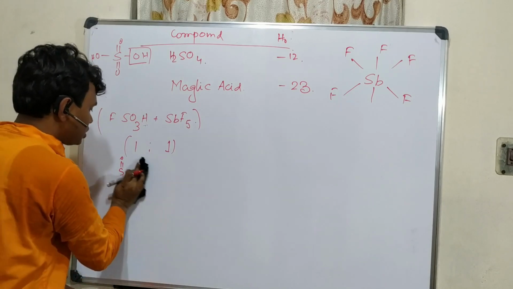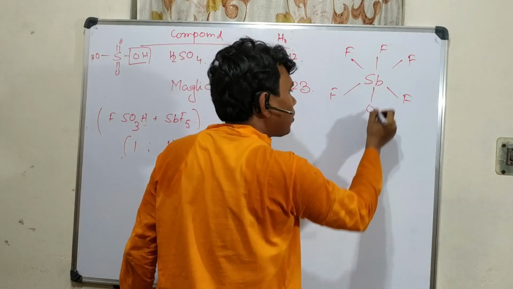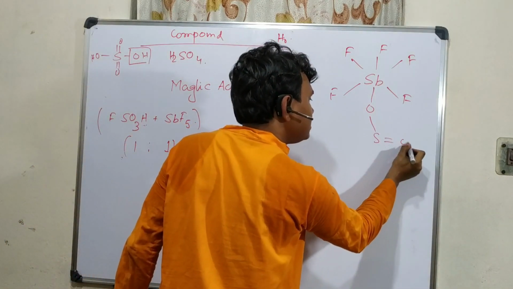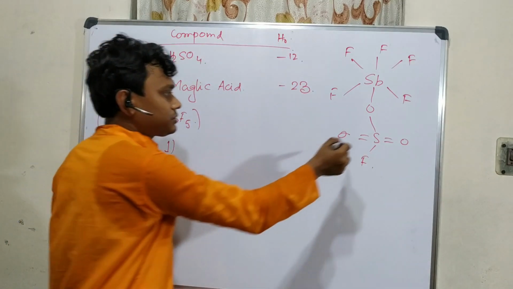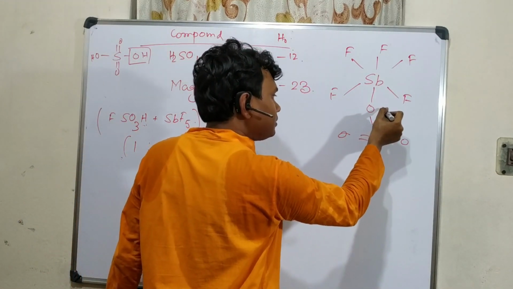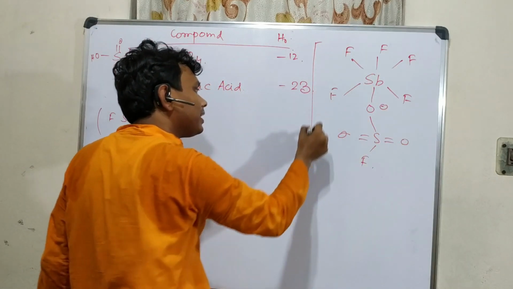This OH produces a proton and consequently O minus is produced, and that O minus is coordinated, and in this way it is stabilized. Sulfur is tetrahedral, and the O minus negative charge is completely delocalized.